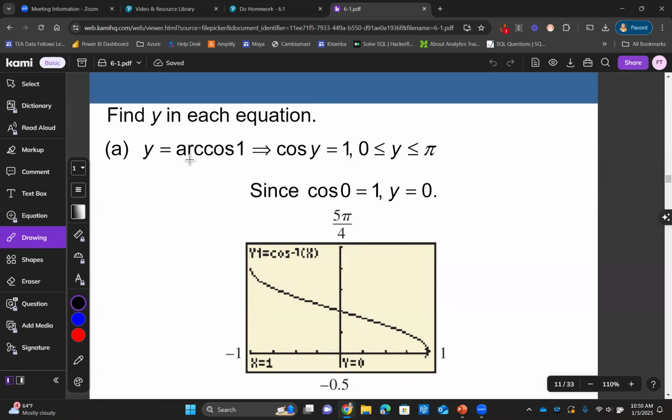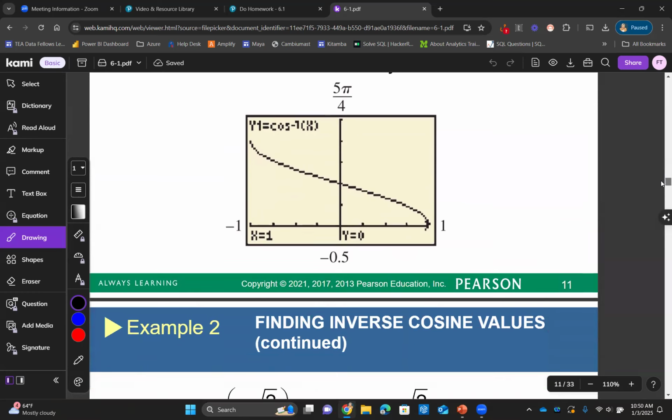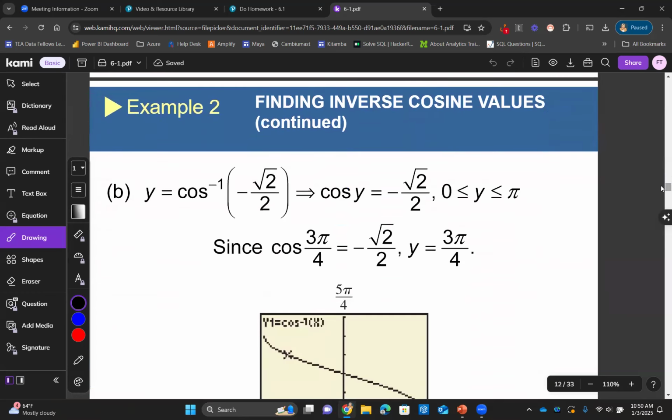If y is equal to arc cosine 1, that means cosine of y is 1, and y can only take values from 0 to pi. And since cosine of 0 is 1, the angle you're looking for is 0. So the answer for this question is y must be 0. So 0 is equal to arc cosine of 1, or for angle 0, the cosine value is equal to 1.